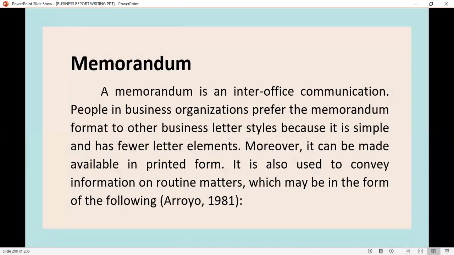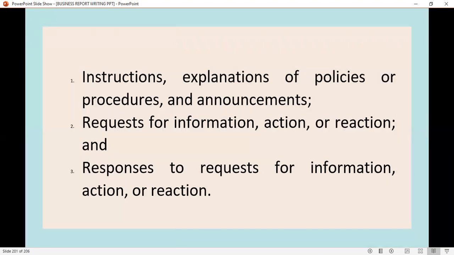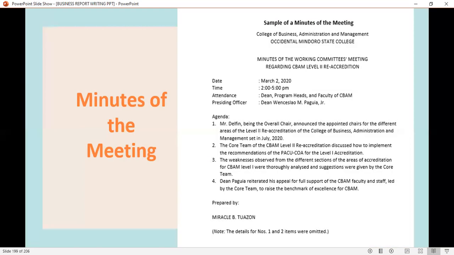Next is a memorandum. On your future employment or future job, future career, if you will be asked to write a minutes of the meeting, do not hesitate, okay? It is okay to write a minutes of the meeting. You just have to listen.